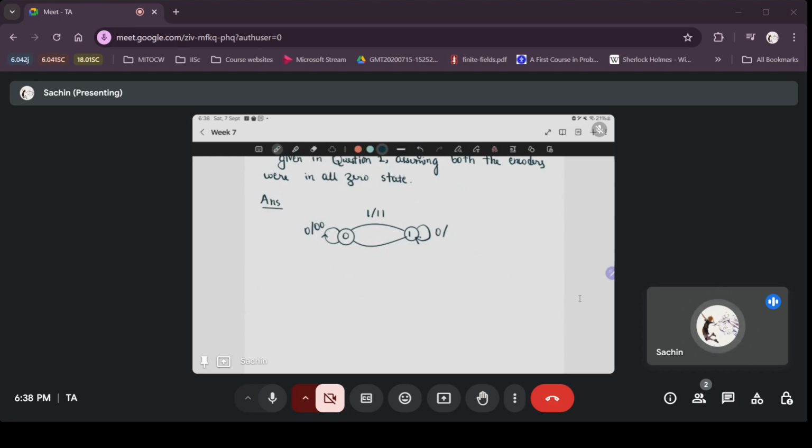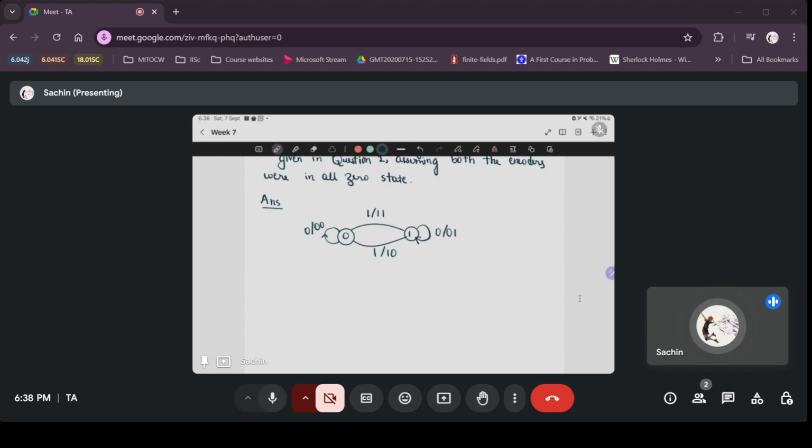So you'll stay in state 1, but the first output is 0, second output is 1. So the final branch is 1 slash 1 0. So that's the state diagram for one of the constituent convolutional encoders.